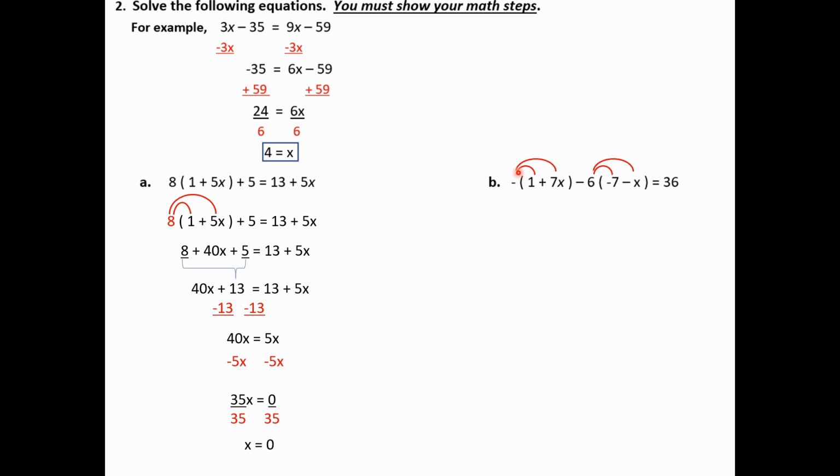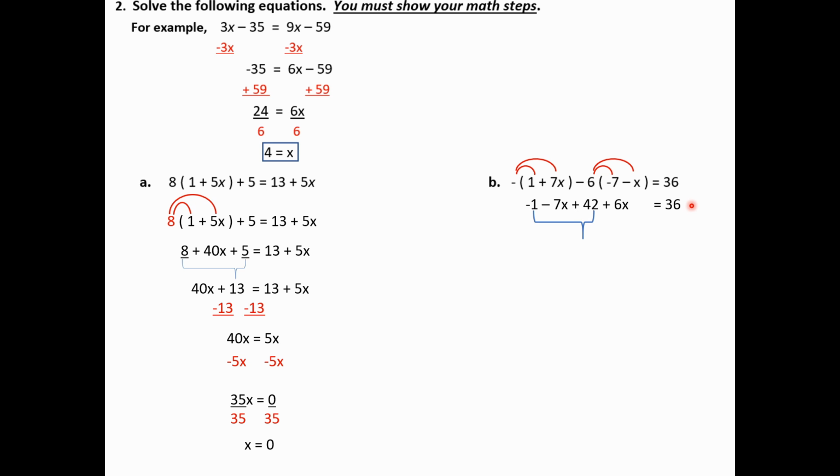So this negative needs to be distributed in. This negative 6 also gets distributed in. On the left, I have negative 1, and then this negative goes to the 7x, so I get minus 7x. And then negative 6 multiplied by negative 7 gives me plus 42. And negative 6 multiplied by negative x gives me plus 6x, and this is all still equal to 36.